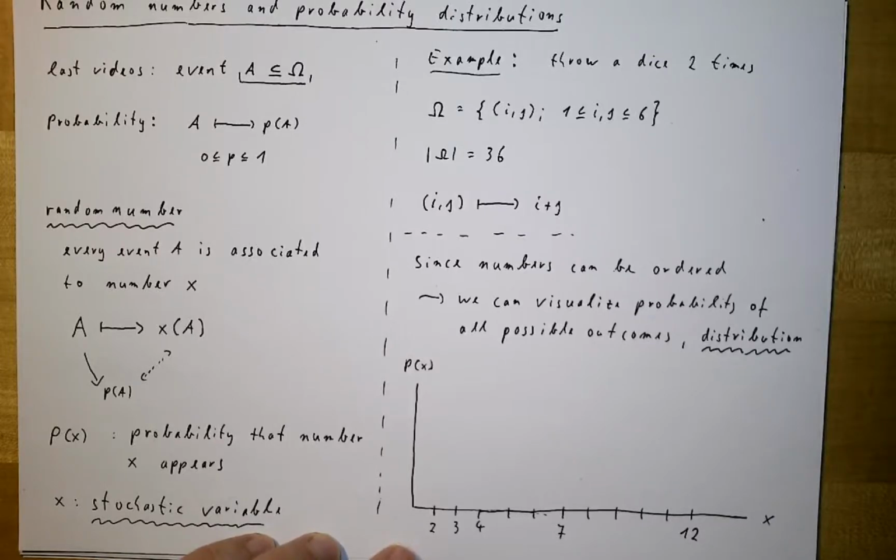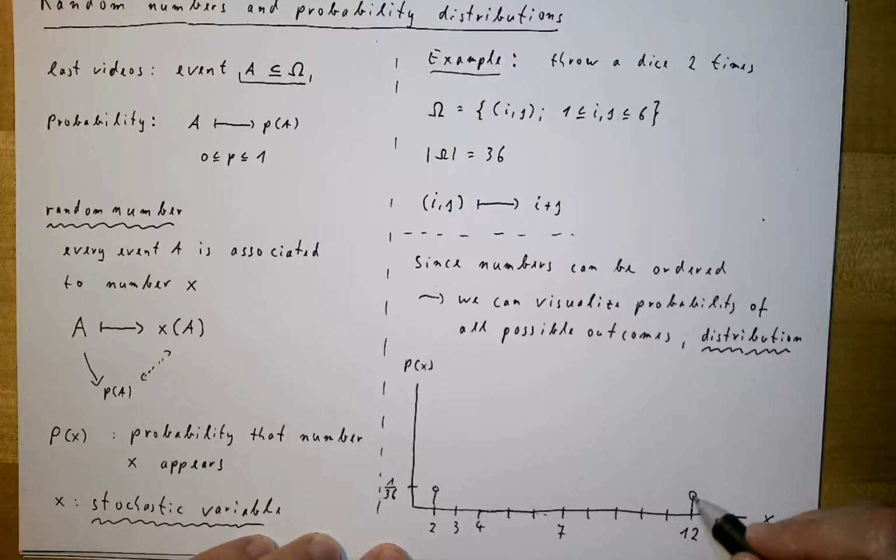And now we can calculate the probabilities of all these numbers. What's the probability to have a 2? You can easily see that there's only one possibility: the first dice is 1, the second dice is 1. So here the probability is 1 over 36. In a similar way, we can have 12 only if both dice show 6.